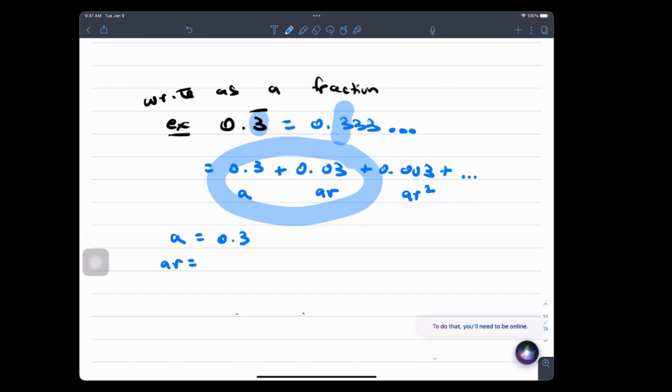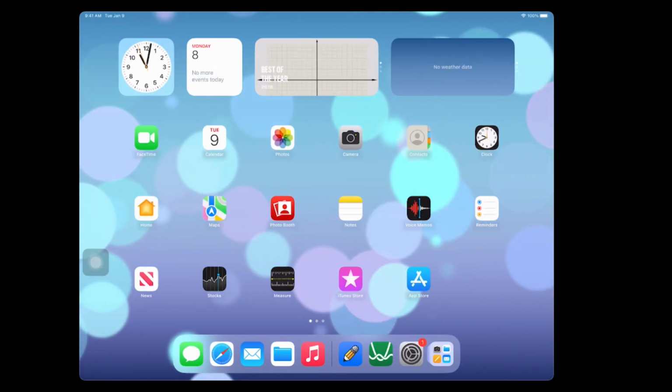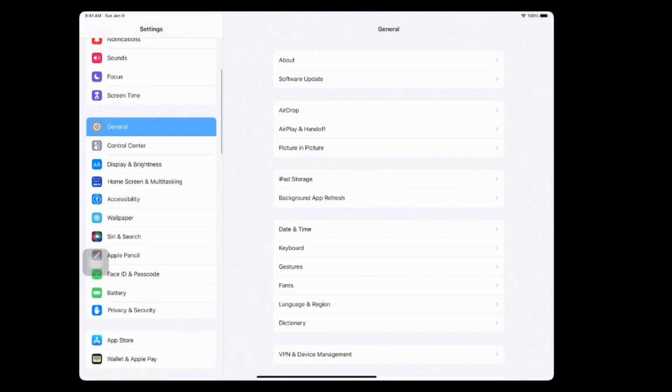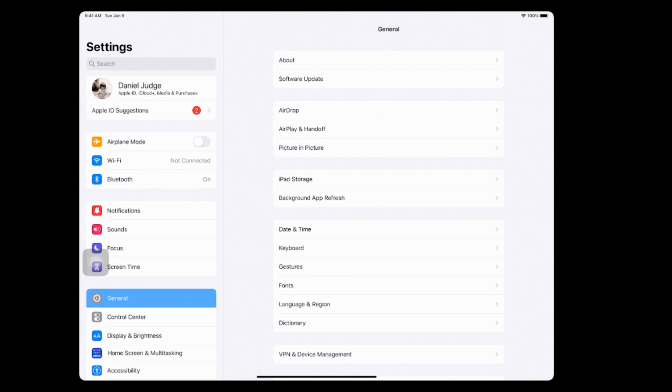I want to get rid of Siri. I have to what? I got to go to settings now? Settings. I have to look for what? Oh.